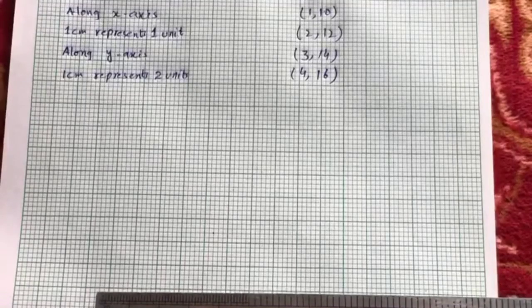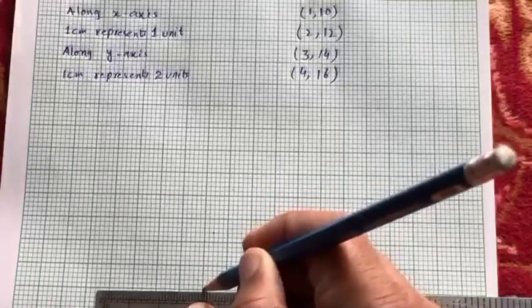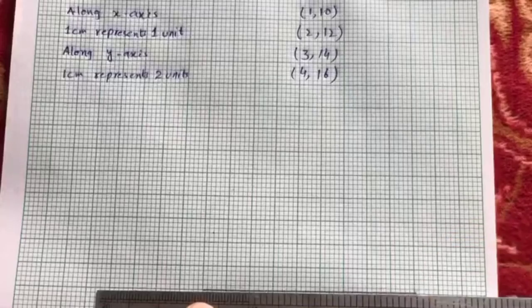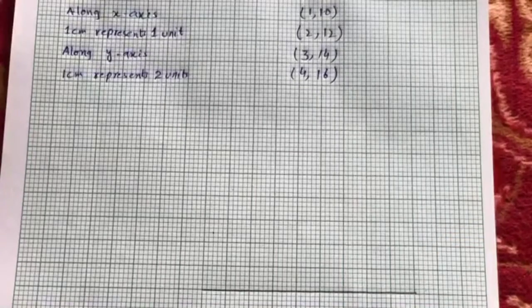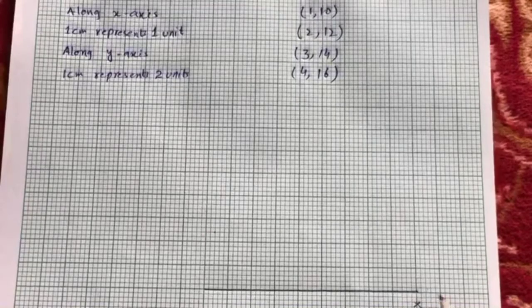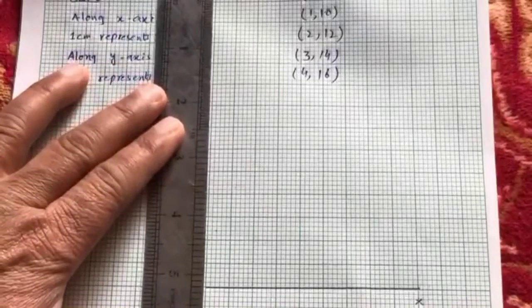So here I am going to draw the graph. I drew a line along the x-axis. Here we give the name of the x-axis, and draw a vertical line.